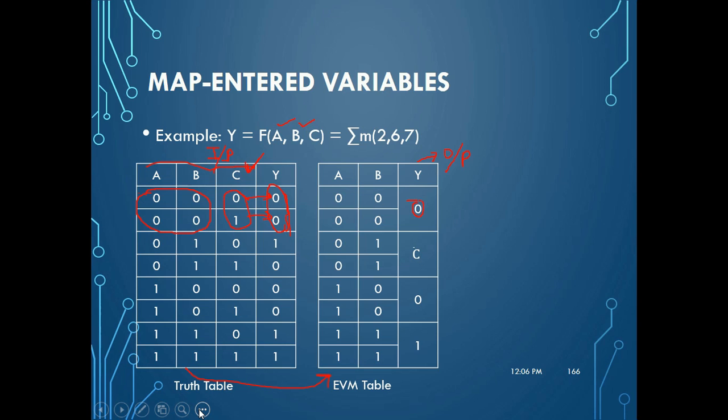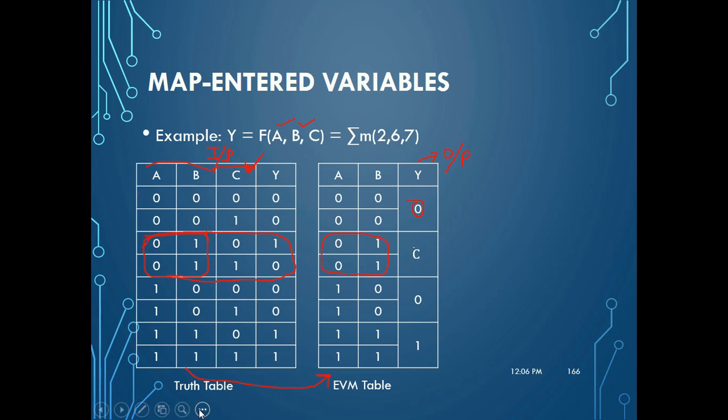Okay, and next one you see. Let us go here now for this particular thing. I'm going to concentrate here. So here see, you have A 0, B is 1.